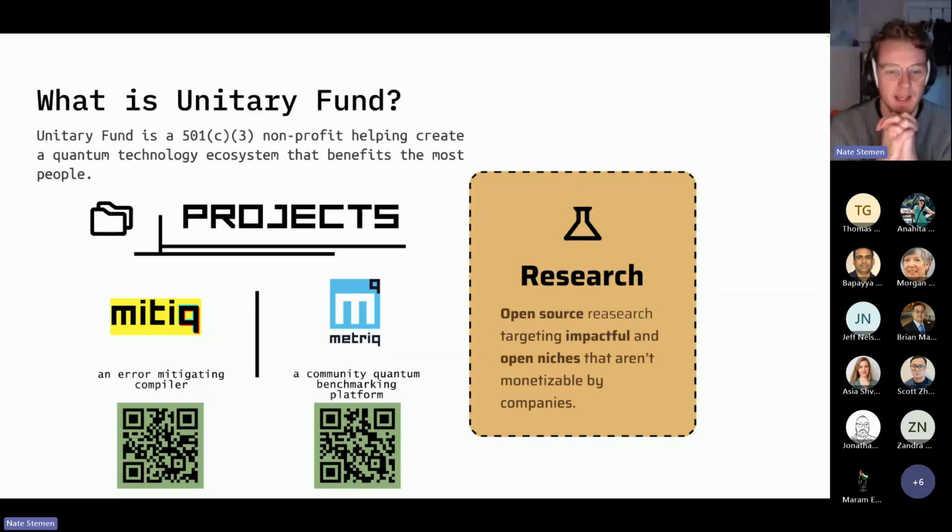Metriq is a community benchmarking platform. If you go to metriq.info, you can find more information about it. It's to help the ecosystem track its way to creating a useful quantum computer, one that's really powerful and can do all the things that we just talked about.